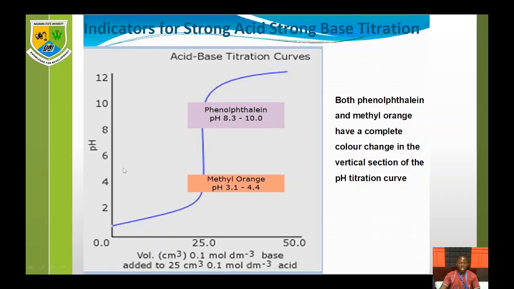Just as I explained earlier, you see the pattern. For a strong acid against a strong base, the preferred indicators are phenolphthalein and methyl orange. Both phenolphthalein and methyl orange have a complete color change in the vertical section of the pH titration curve. That's why they are suitable indicators.